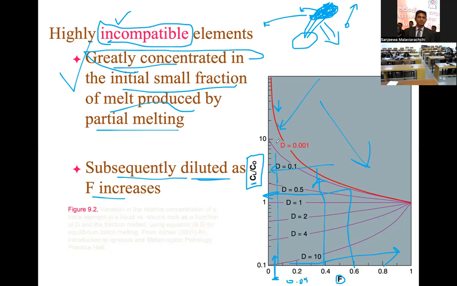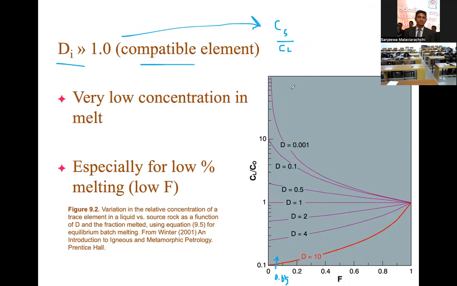Here you have a large value, a big concentration of that particular element. But in the case of solid, D is very high. Because this is large, you are getting a very big number, maybe 10,000, 100 or something like that.